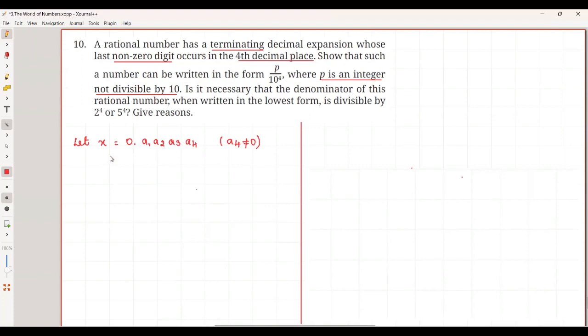Now we have the decimal number. If you want to convert the decimal into p by q format, as we have 4 decimal places, I have to multiply by 1 followed by 4 zeros.